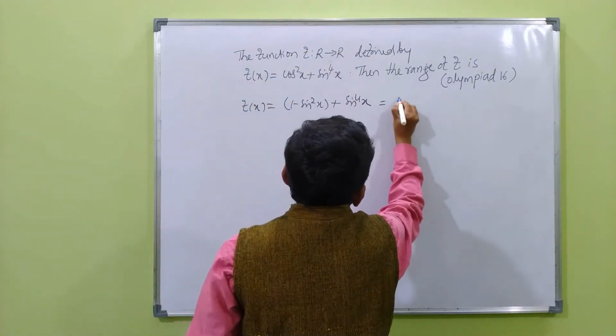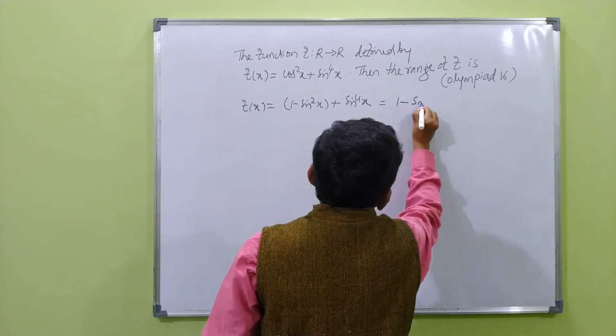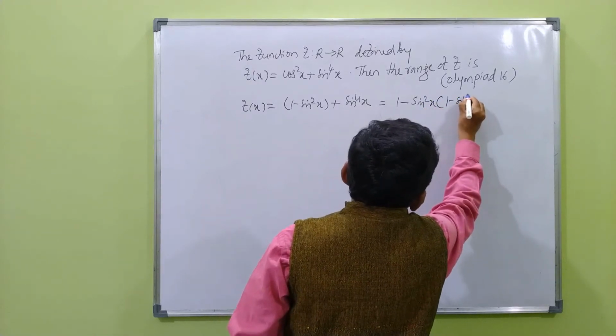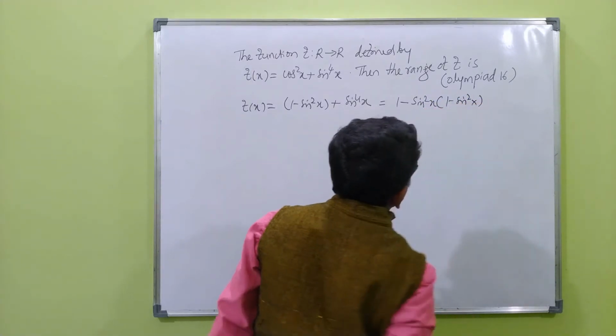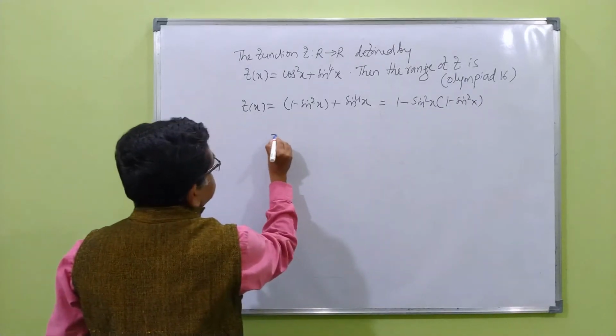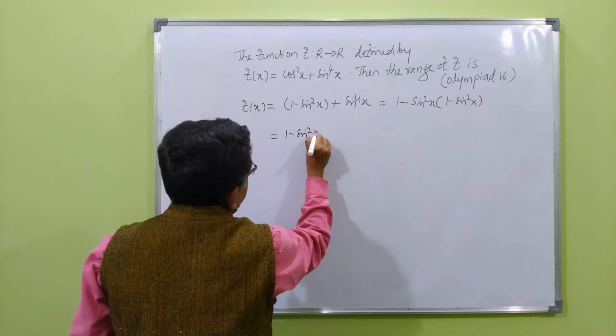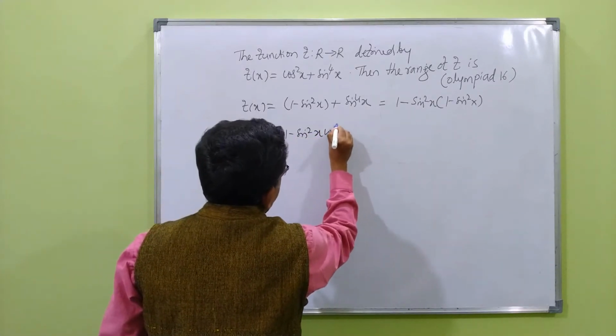This can be written as 1 minus, if you take sin squared x common, 1 minus sin squared x, isn't it? So this is equal to 1 minus sin squared x into cos squared x.